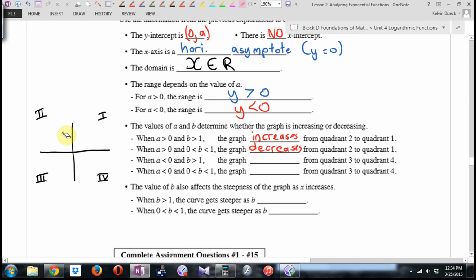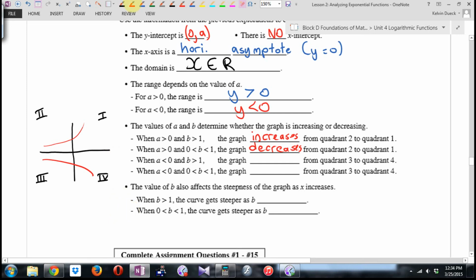What about if A is negative but the base is bigger than 1? Then what we're going to do, don't write this down, we're going to flip that, which means it's going to look like that. So what does it do from quadrant 3 to quadrant 4? Well, I'm not fond of this terminology because it's getting bigger negatively, and a bigger negative number is technically smaller, so you can say that it decreases, but it's getting further from the x-axis, and I kind of like to imagine that that's increasing.